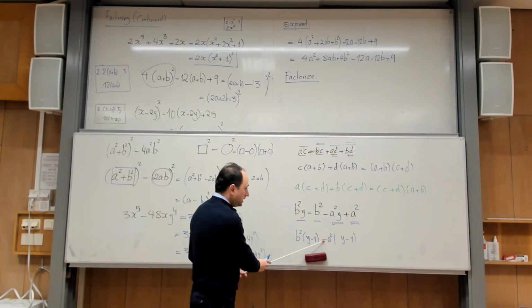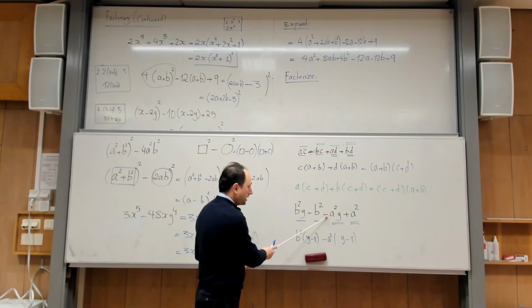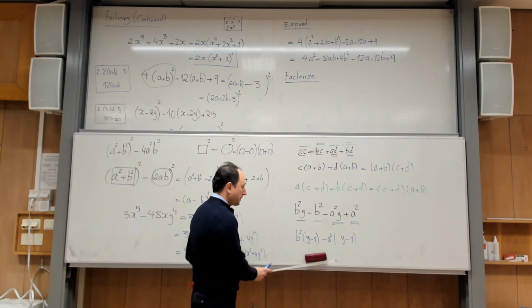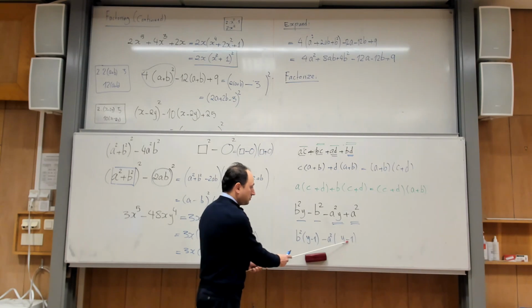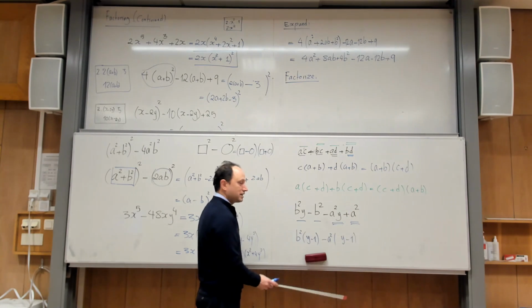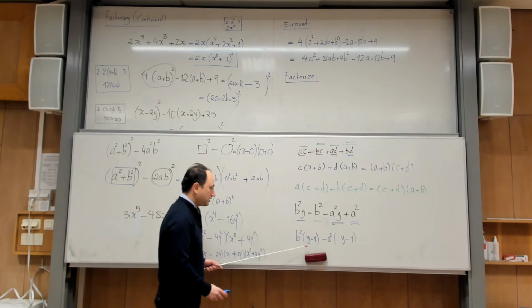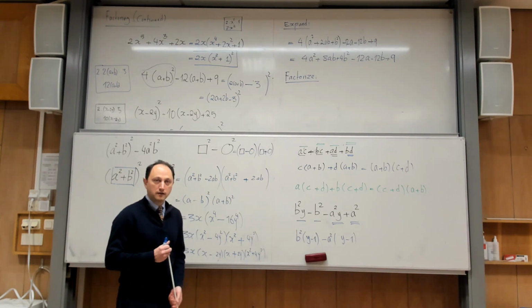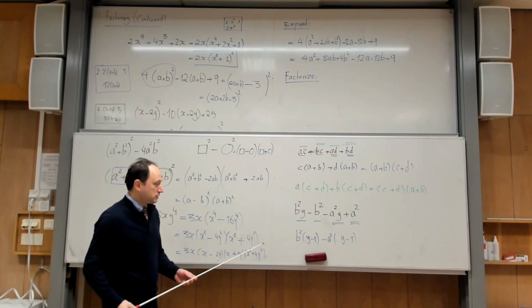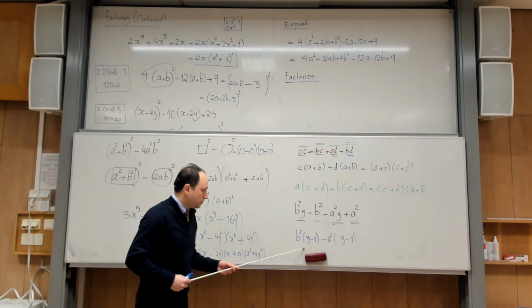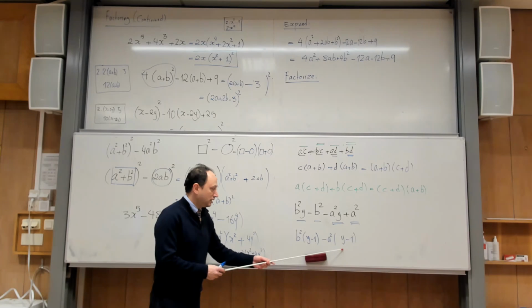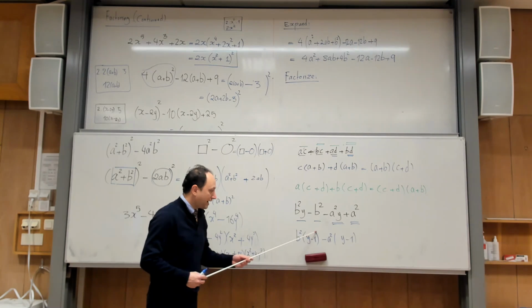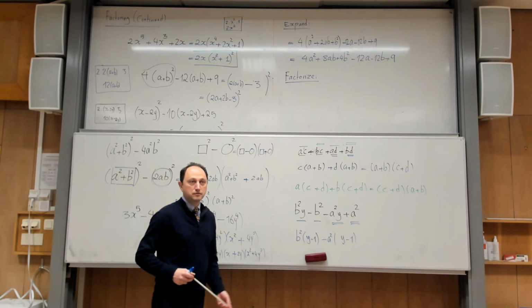Minus a squared multiplied by y is minus a squared y, that's correct. Minus a squared multiplied by minus 1 is positive a squared, that's also correct. So what I have done is good. But is it a successful grouping? I will call it successful, because after factoring in each group, a common factor emerges.